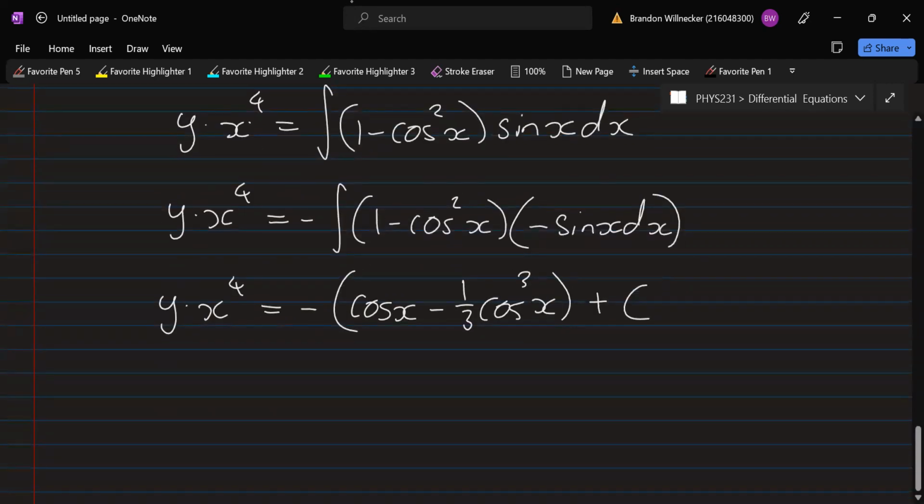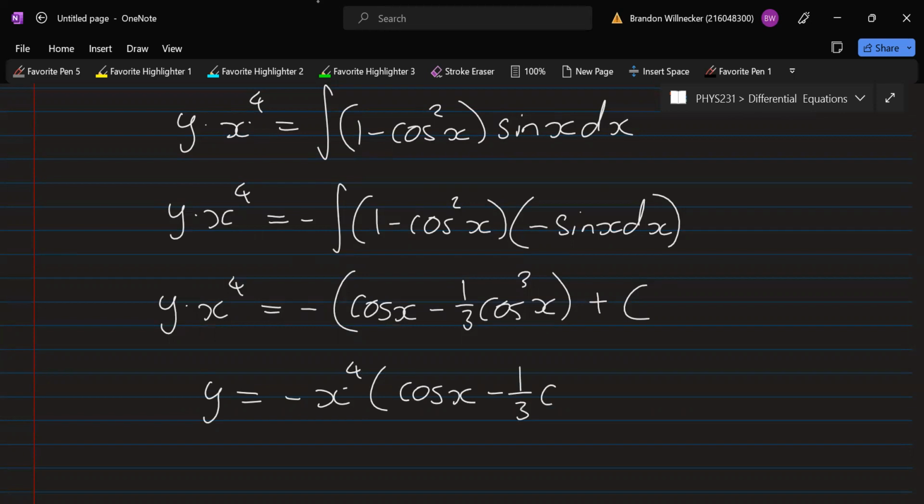Okay, so multiplying through by x to the 4 is going to be y is equal to minus x to the 4 cos x minus 1/3 cos cubed x plus c times x to the 4.